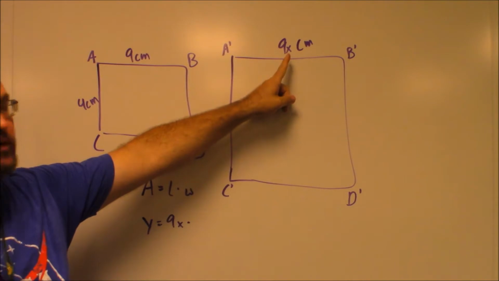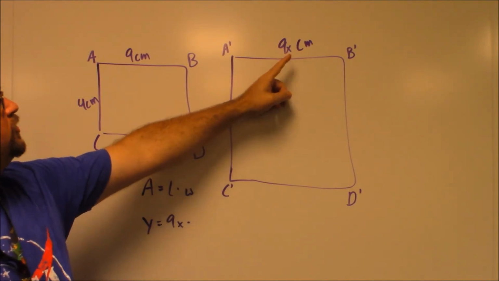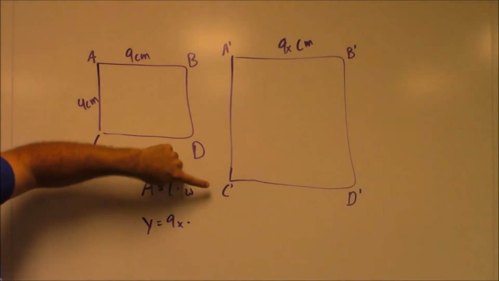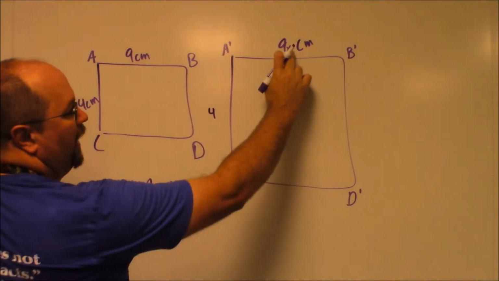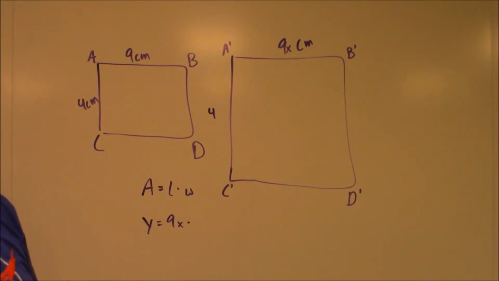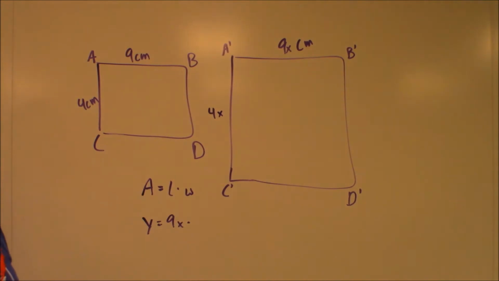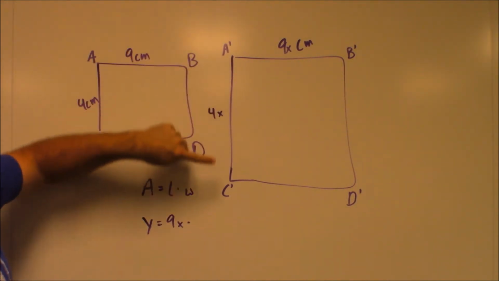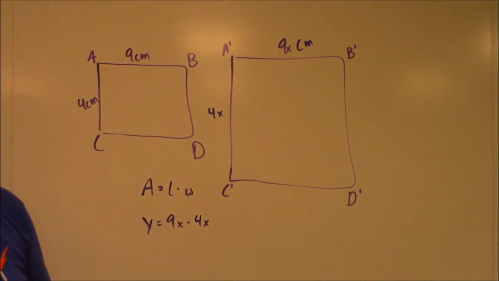Now we don't know what that value is, but we know it is represented by this variable x. So when I'm thinking about the scale factor for AC to AC', these two segments, I've got 4, and I know the scale factor is going to be consistent, so it's going to be 4x. So this is my value now for my width. So we end up with 9x times 4x.